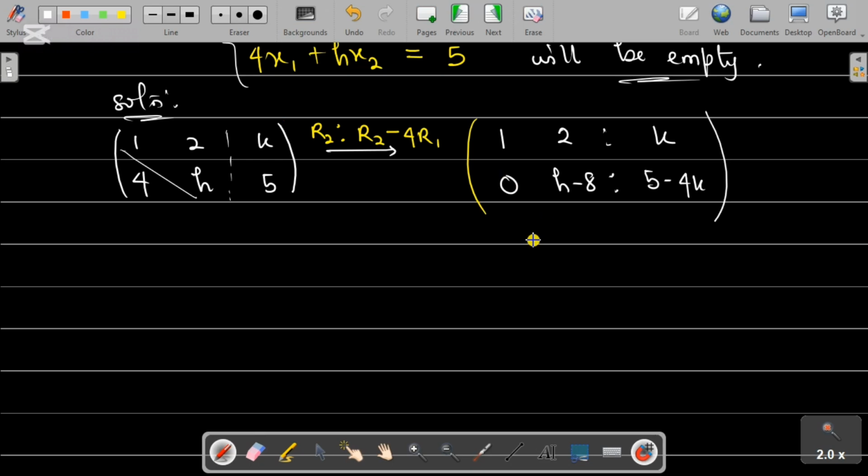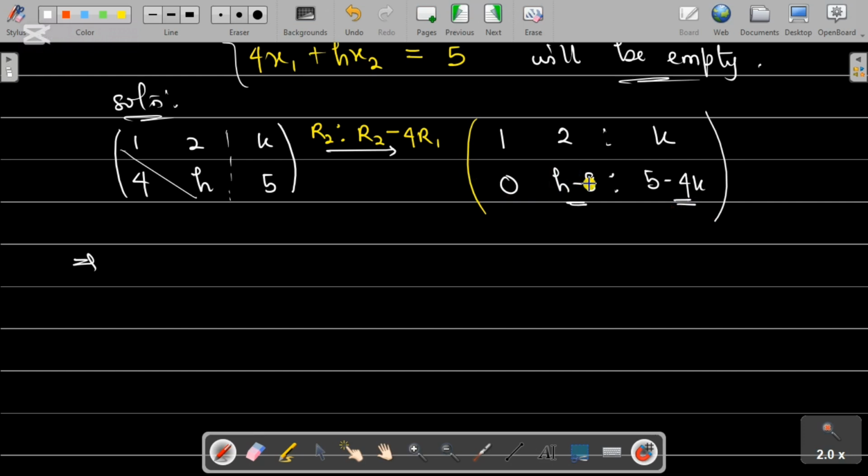So what now are we going to do to know what our solution will look like? Like I said, when you have reduced to echelon form, that's when you are able to determine whether your solution is infinitely many. How do you know infinitely many solutions?